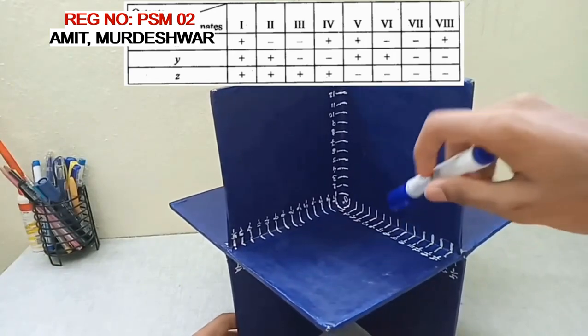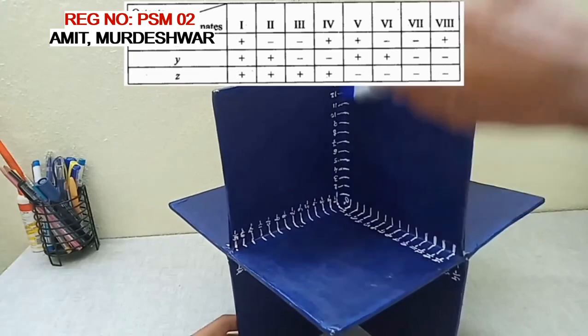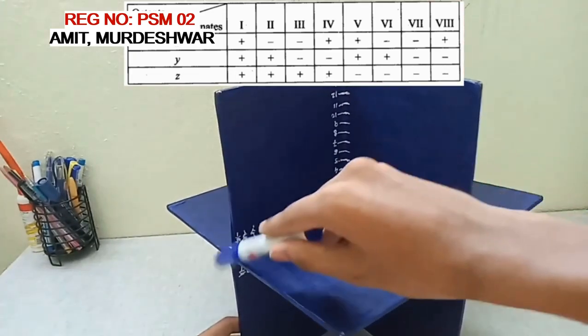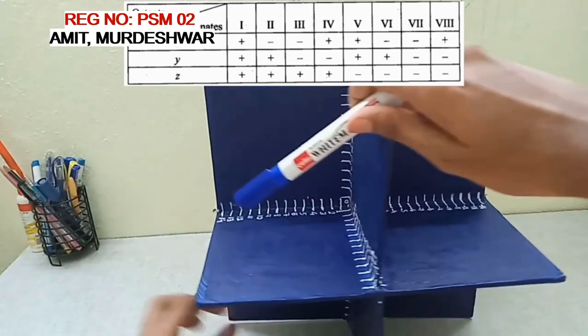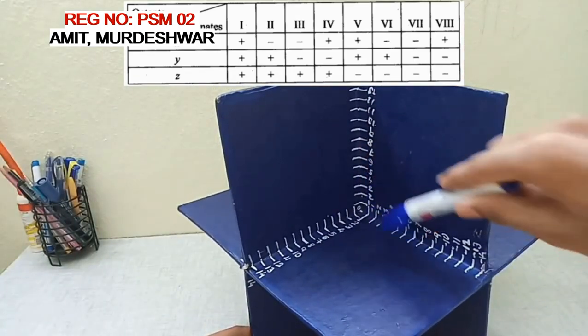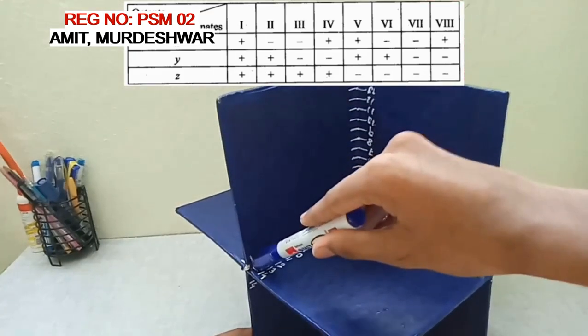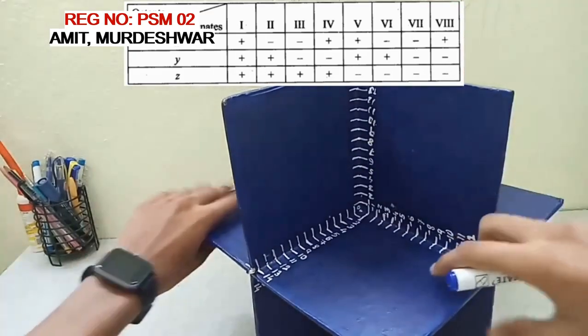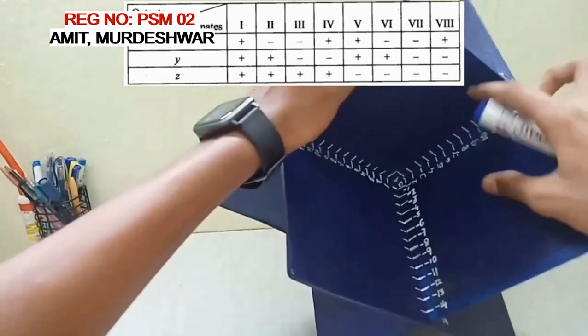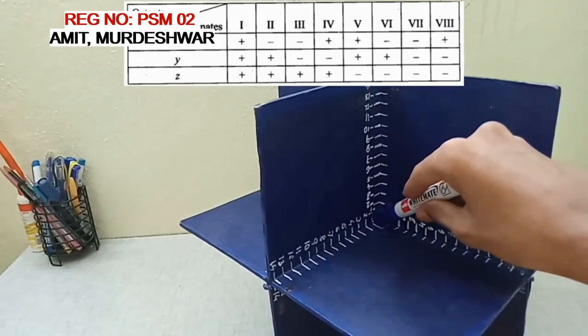This one is third octant. Here x-axis is negative, y-axis is positive and z-axis is negative. This one is fourth octant. Z-axis is negative, y-axis is positive and the x-axis is positive. As we go downwards, this one is the fifth octant.